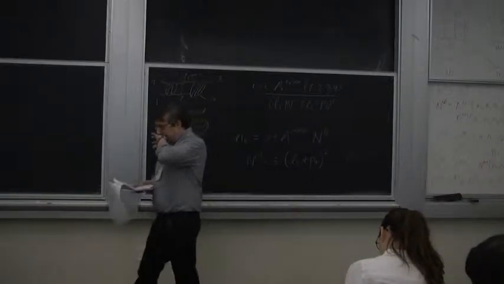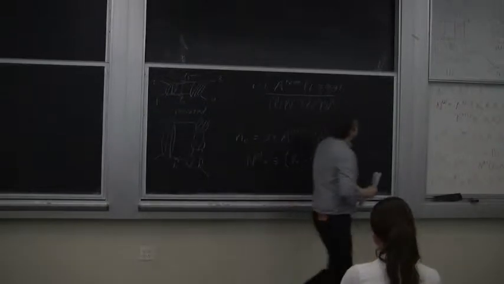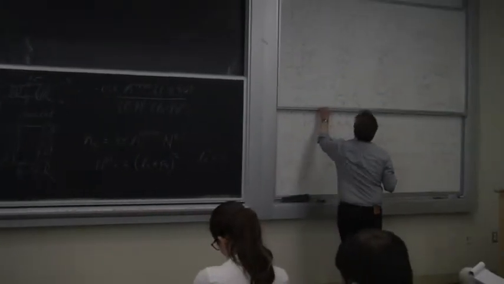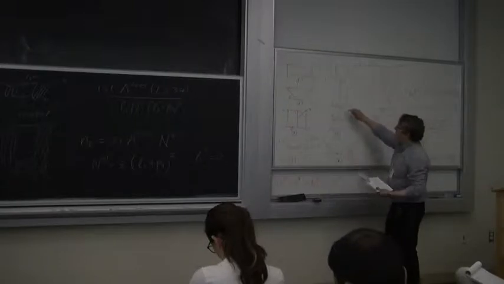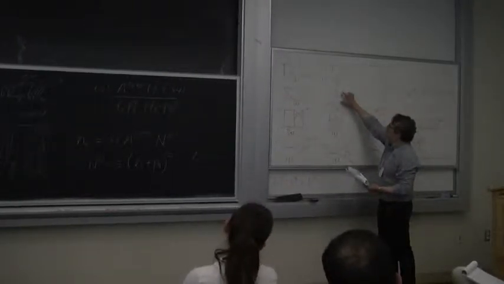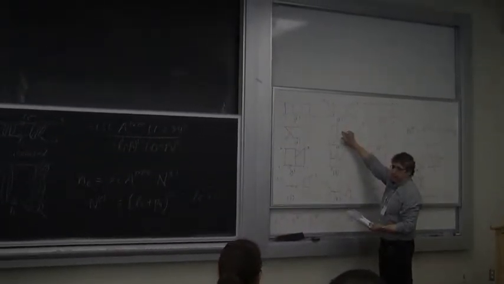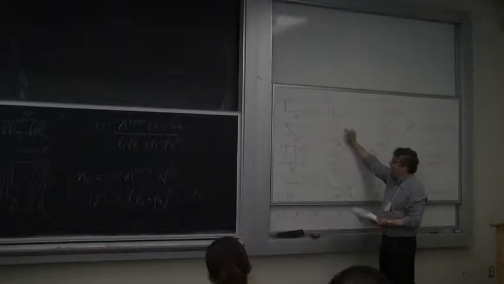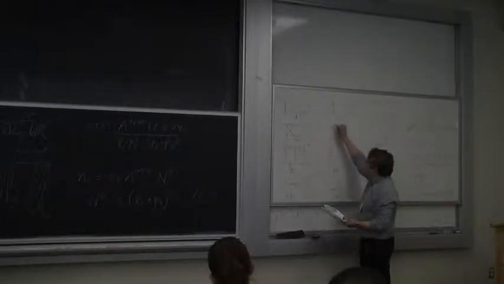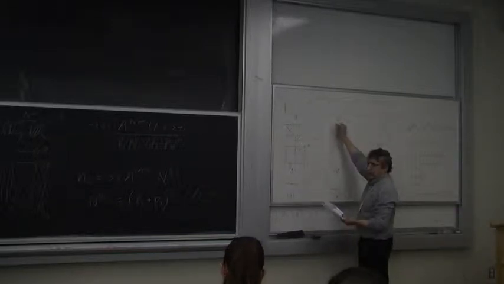Now, what's that ambiguity? It can't be in any of these loops here, because these are boxes, so they can't have loop momentum. This loop here has loop momentum, so maybe I can add an L5 squared, or an L5 minus P1 squared, this propagator, or this propagator.